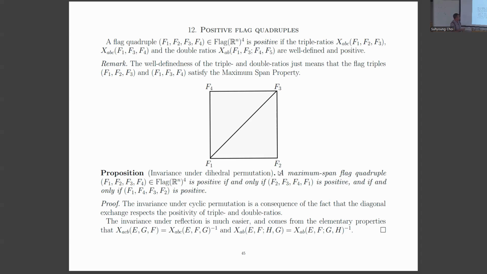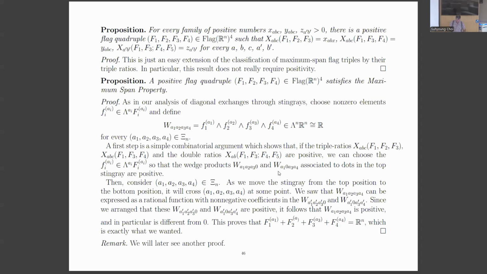And for the double ratio, when you flip, you're exchanging F2 and F4, which is like H and G. If you exchange them, you're just taking the inverse. So again, that respects positivity. So at this point, being positive is invariant, so it doesn't really matter how you choose the diagonal.